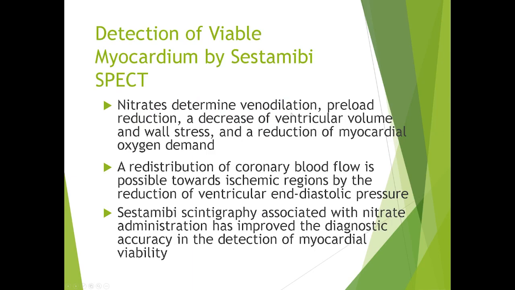Well, nitrates determine venodilation, preload reduction, a decrease of ventricular volume and wall stress, and a reduction of myocardial oxygen demand. A redistribution of coronary blood flow is possible towards ischemic regions by the reduction of ventricular diastolic pressure. And therefore, sestamibi scintigraphy associated with nitrate administration has improved the diagnostic accuracy in the detection of myocardial viability.